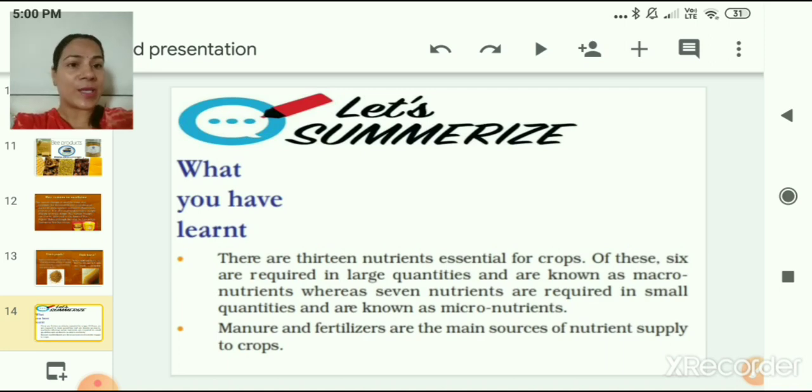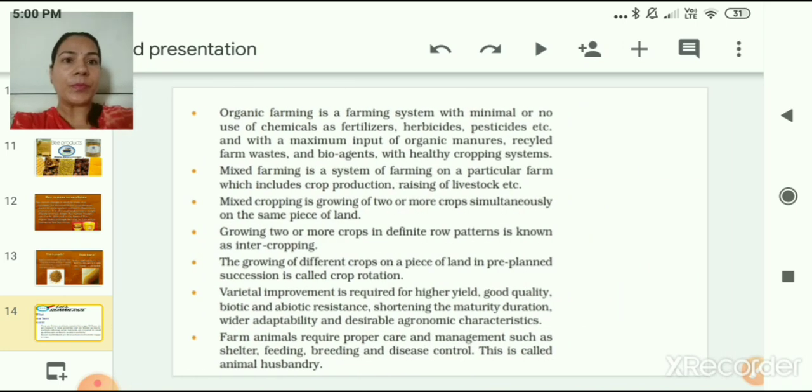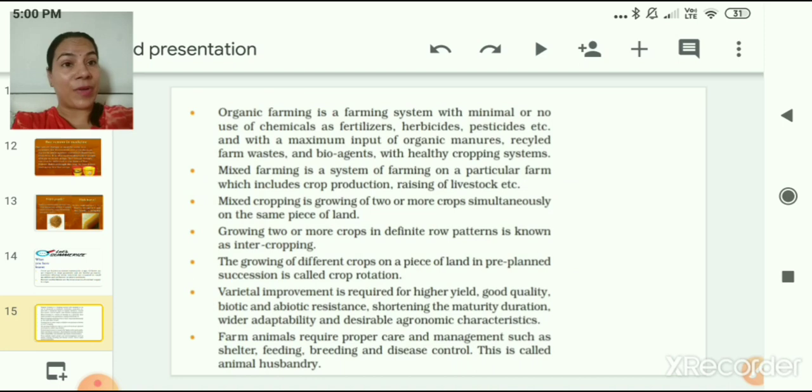Manure and fertilizers are the main source of nutrient supply to crops. Organic farming is a farming system with minimal or no use of chemicals as fertilizers, herbicides, pesticides, etc., and with a maximum input of organic manure, recycled farm waste, and bioagents with healthy cropping systems.